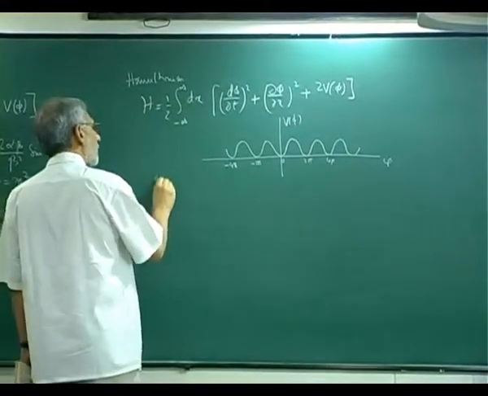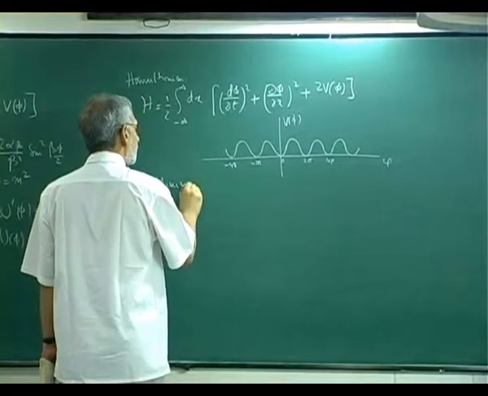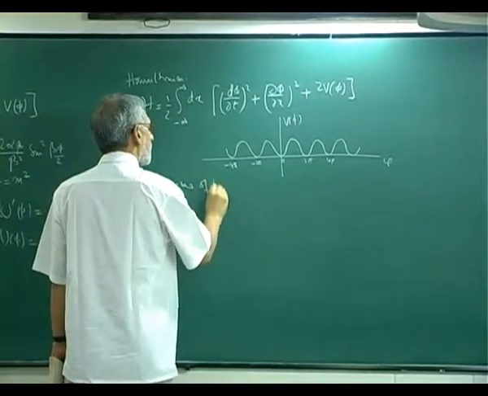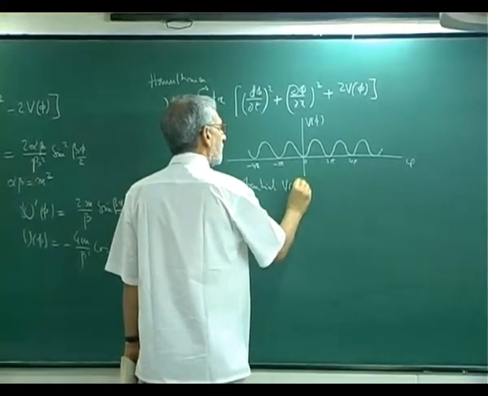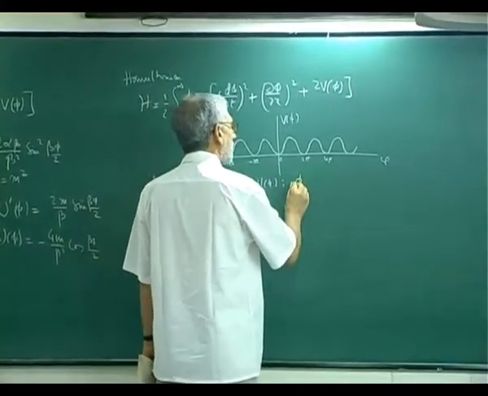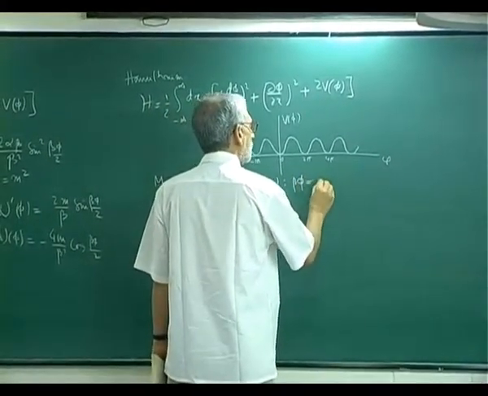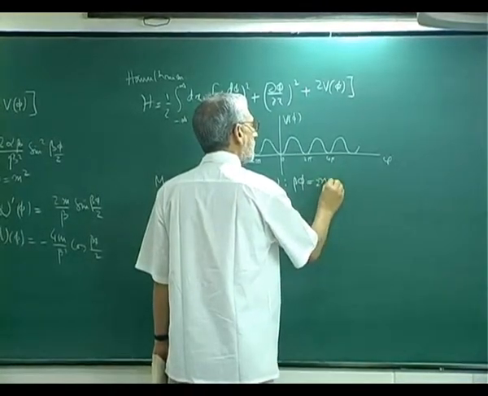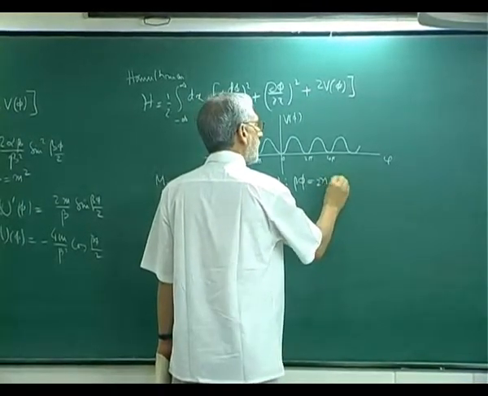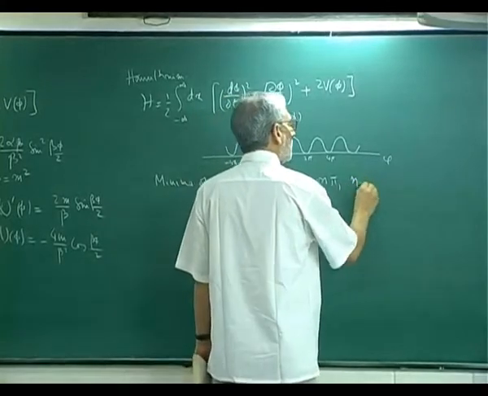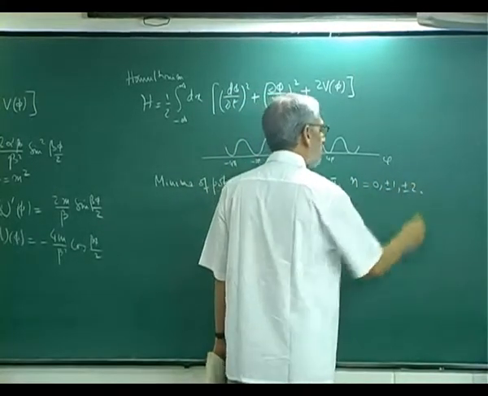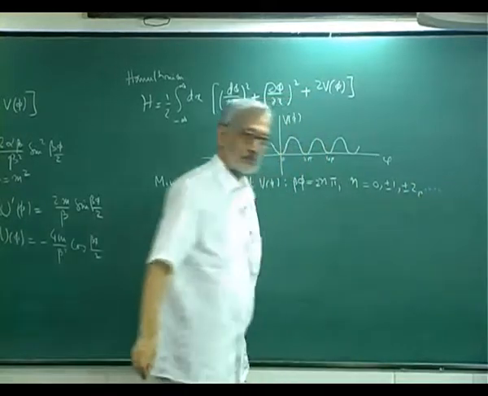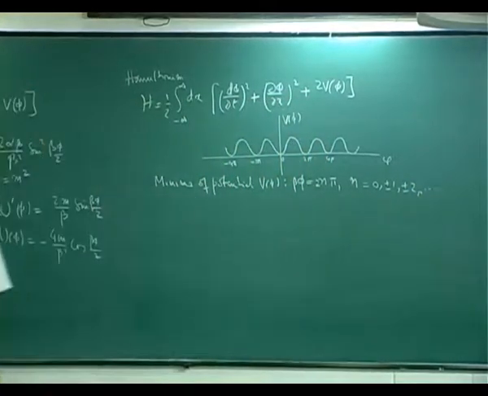So the minima of the potential V(phi) are at points beta phi equal to 2n pi, where n is 0, plus minus 1, plus minus 2. So these are the classical ground states.